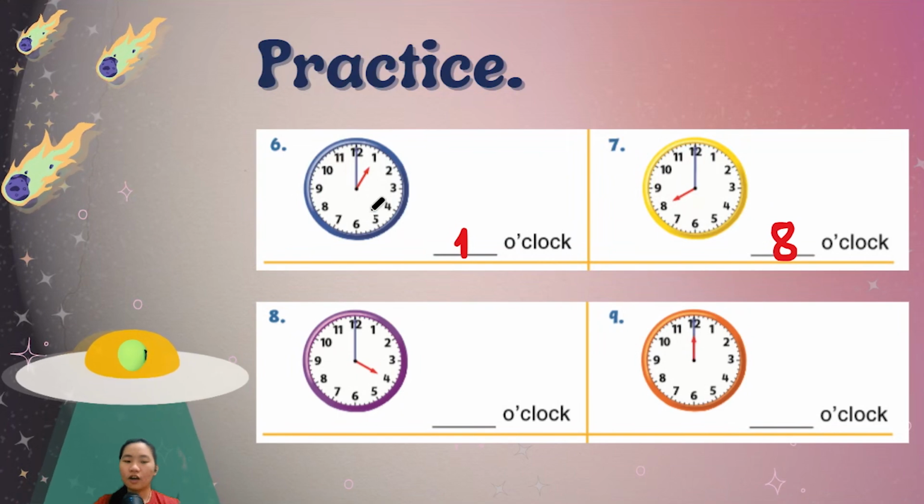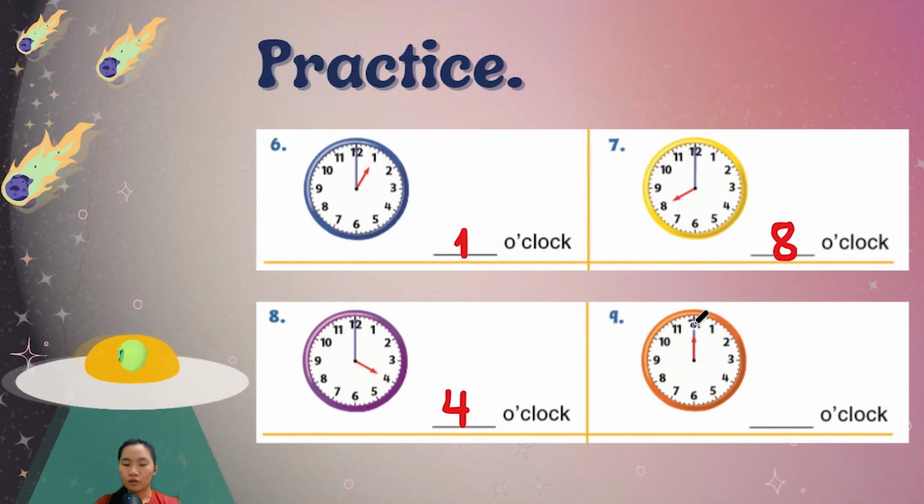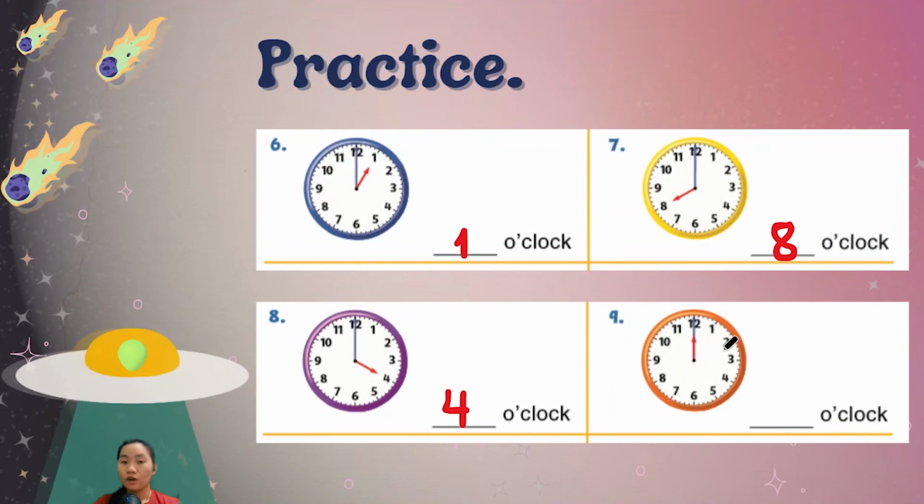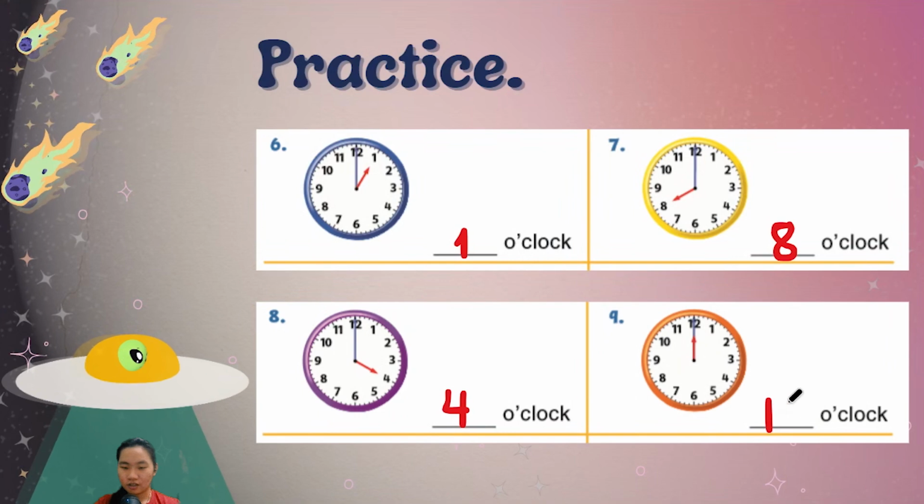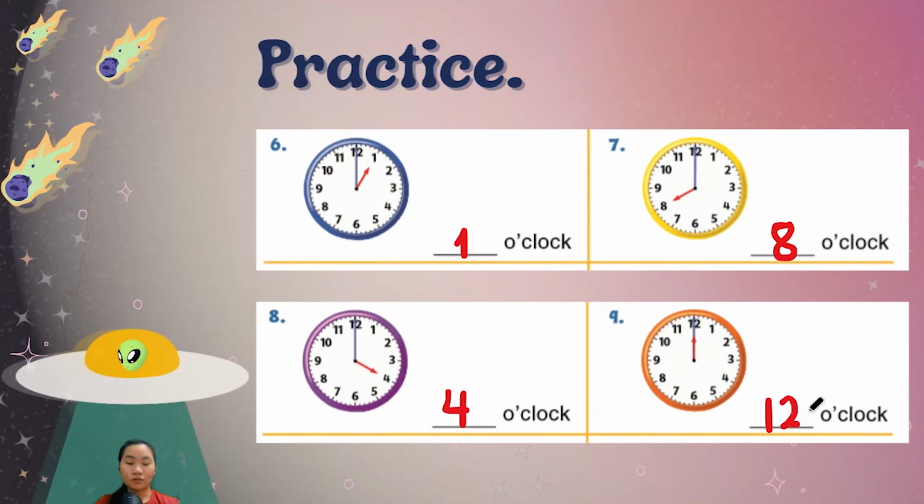As you can see, the long hand does not move whatsoever, so we don't need to pay attention to it. The short hand is pointing to 4. It is 4 o'clock. The short hand is pointing to 12. It's 12 o'clock. All right. If it's the short hand, it's 12 o'clock, but if it's the long hand, it is 0 minutes.